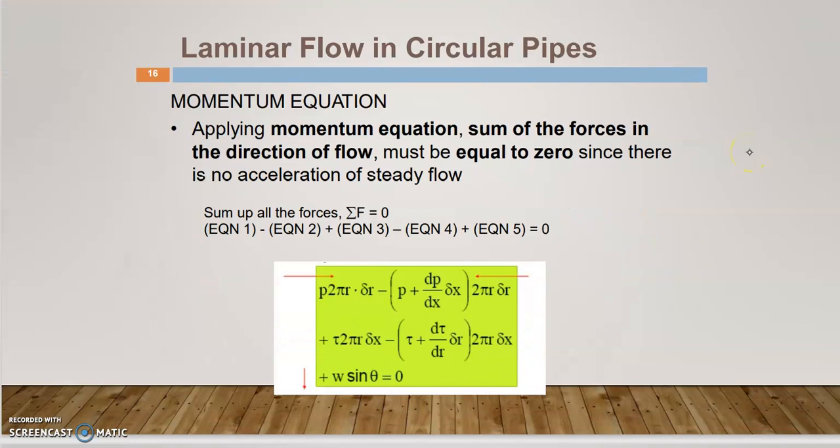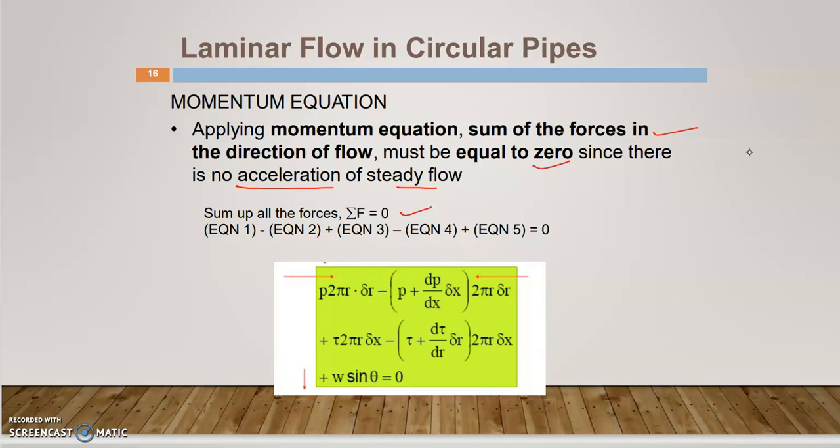And by applying the momentum equation, the sum of the forces in the direction of flow must equal 0, since there is no acceleration in steady flow. So we consider that all the forces sum to 0.